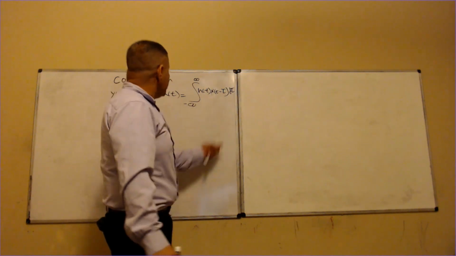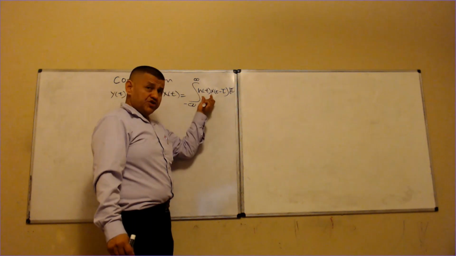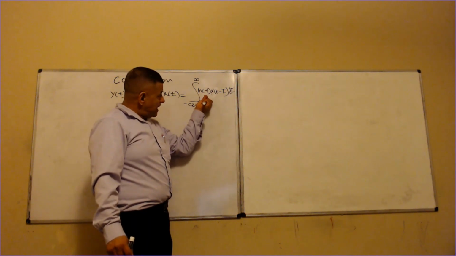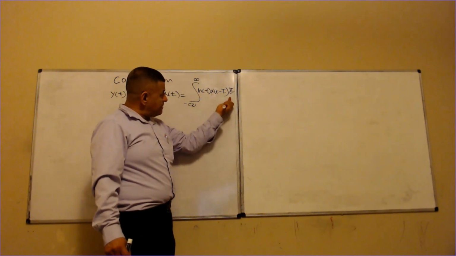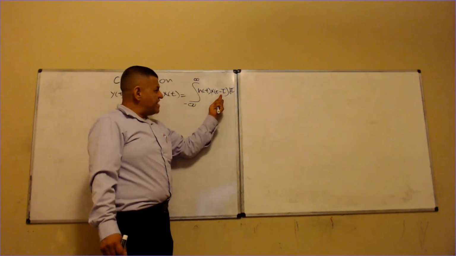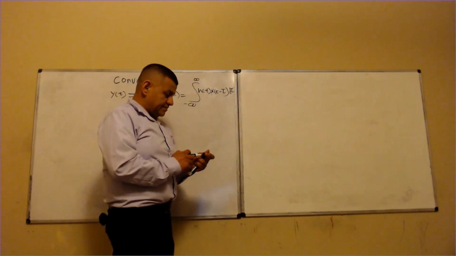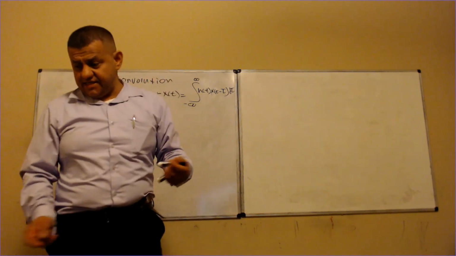So I am taking the integral of these two functions and introducing this new dummy variable, tau.